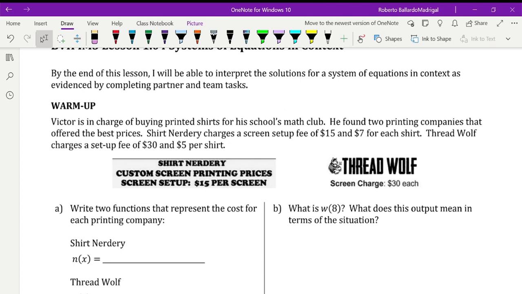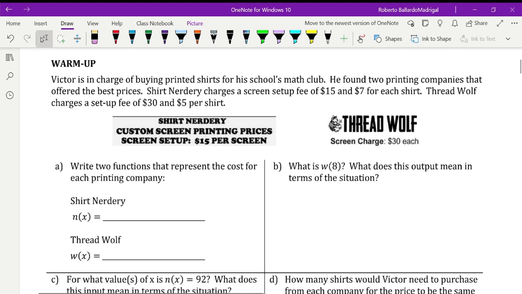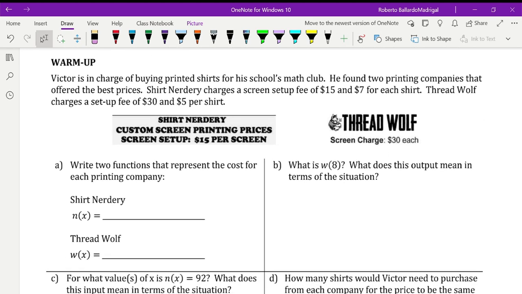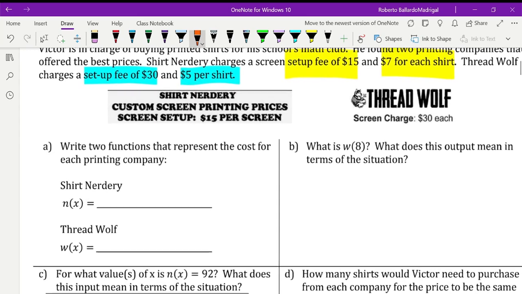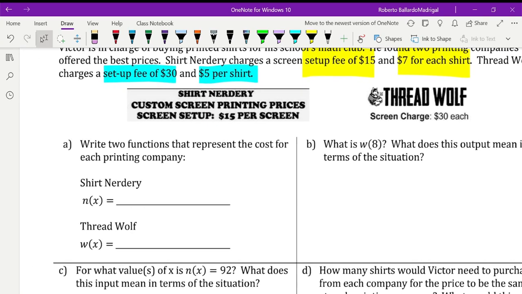All right. So I'm going to very quickly go over once again what we're supposed to do. So we had 2 companies. Company A, setup fee of $15 and $7 for each shirt. Company B charges you a setup fee of $30 and $5 per shirt. So let's check in with one of you guys. What is the equation that we can write for the first company? The company that charges you $15 plus the $7 per shirt.